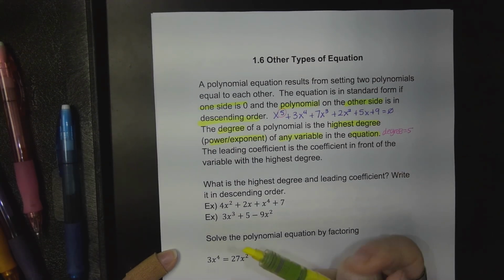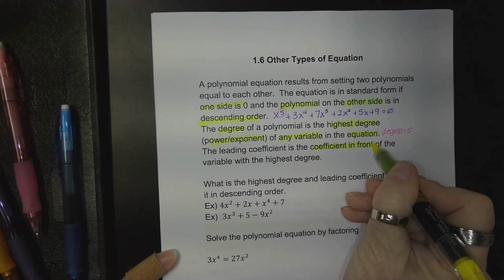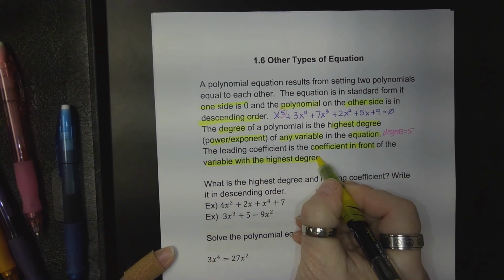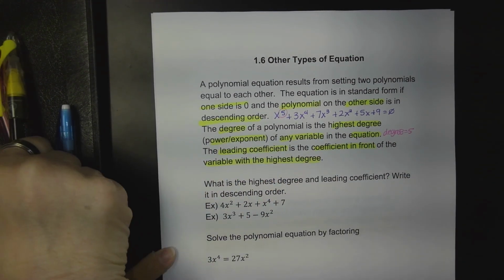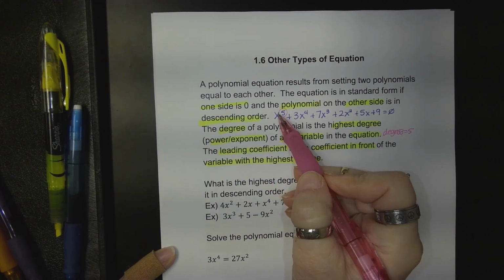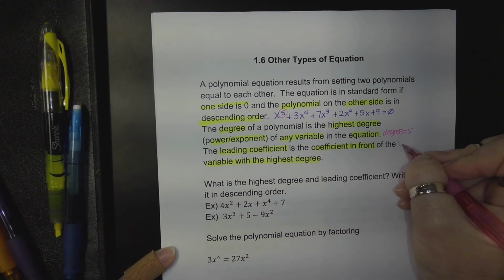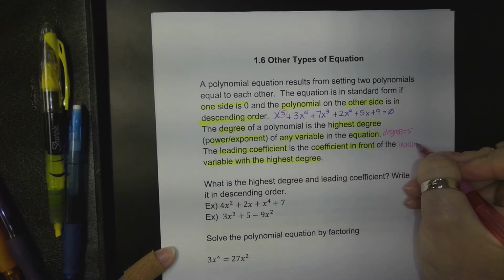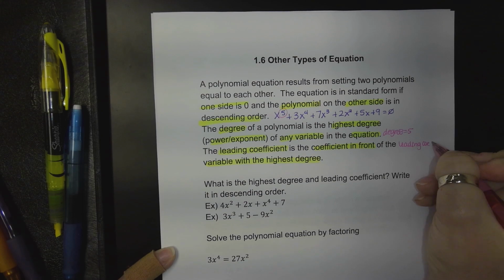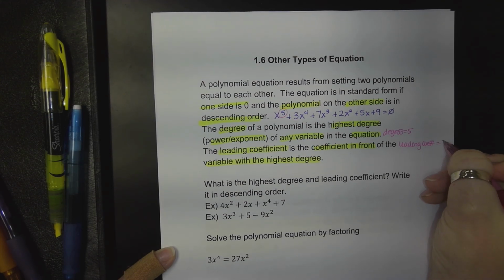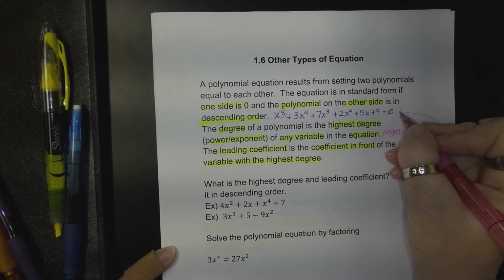Now the leading coefficient is the coefficient in front of the variable with the highest degree. So in this case, it would be 1, okay? So our leading coefficient would equal 1, and that's just for our sample one.